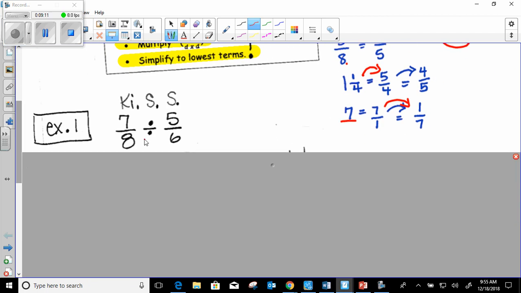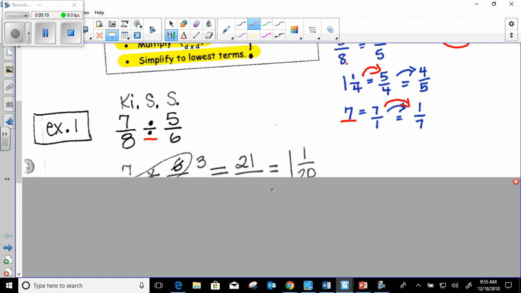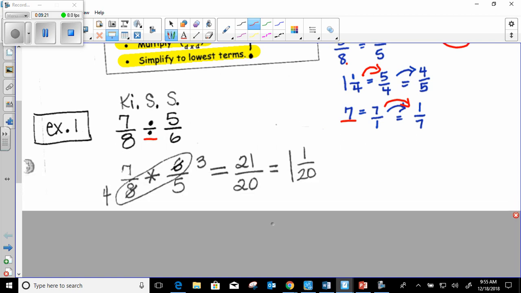We're then going to change the division sign to multiplication, and then what are we going to do to 5/6? We're going to flip it, right? So 7/8 times 6 over 5, you could cross cancel. When you get 21 over 20, you're going to get 1 and 1 over 20. Write that down.